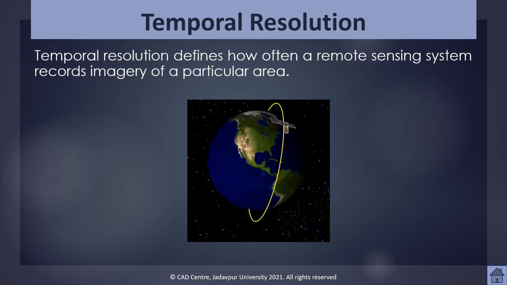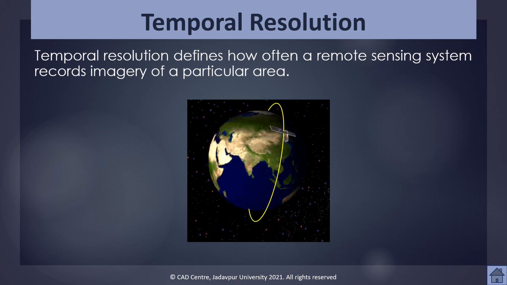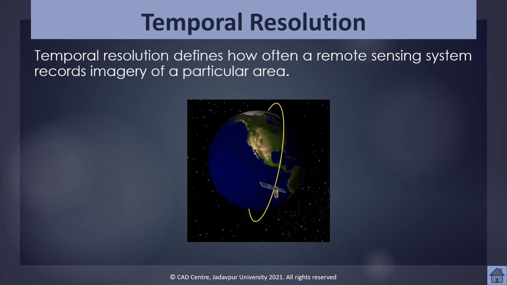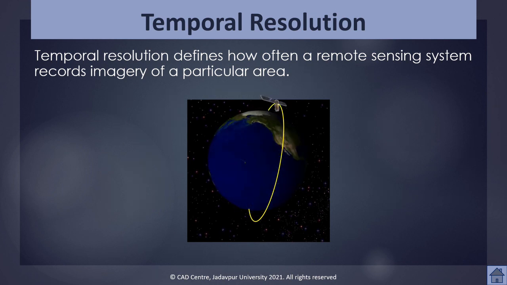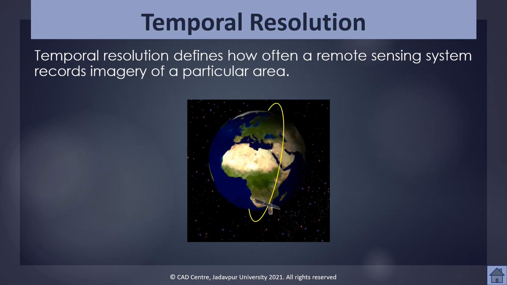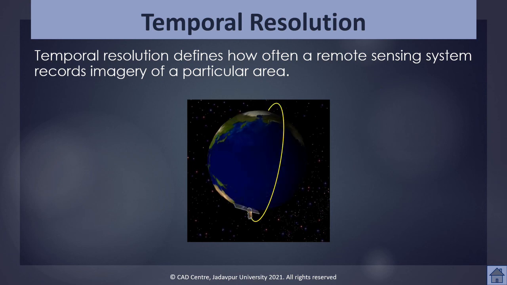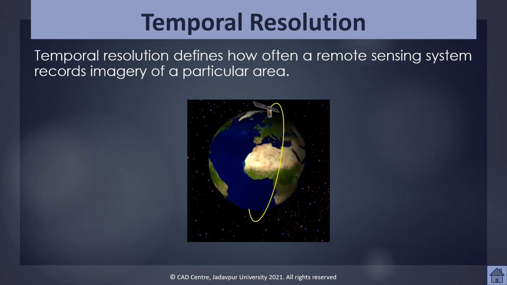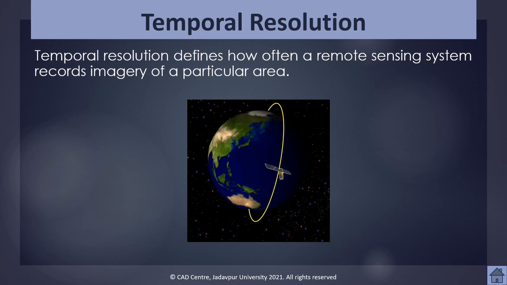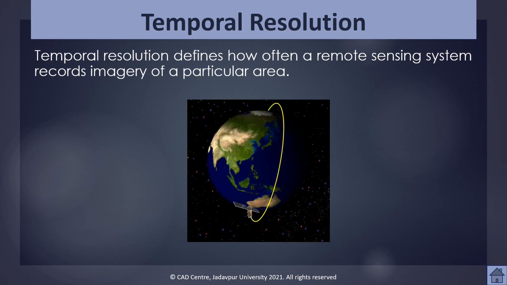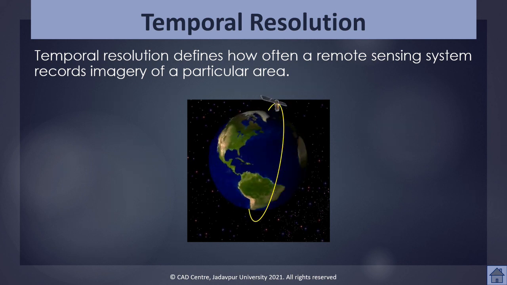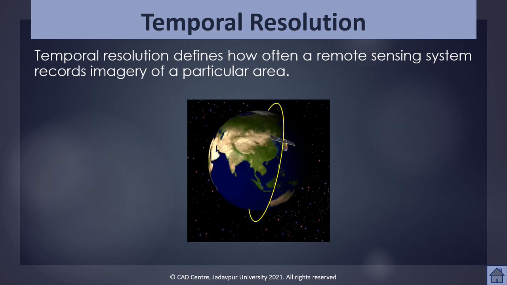However, there are several factors that may influence the multiple coverage in each pass. For example, cloud cover is a problem, or different other atmospheric conditions may also cause several problems for capturing images in each temporal pass.